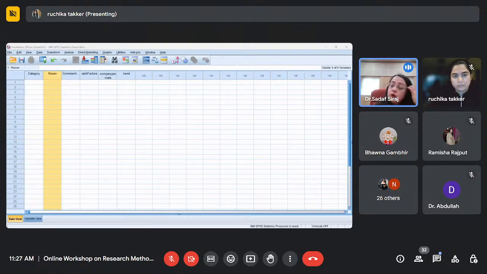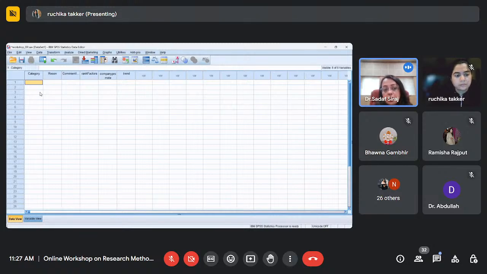So under a scenario wherein you do not have the spreadsheet, you can manually fill up the data view. So what we can do is, under category, please click on the first box that is there, Ruchika, the first box under category. Yes. So this particular row, the first row, it talks about the first filled up questionnaire, right?